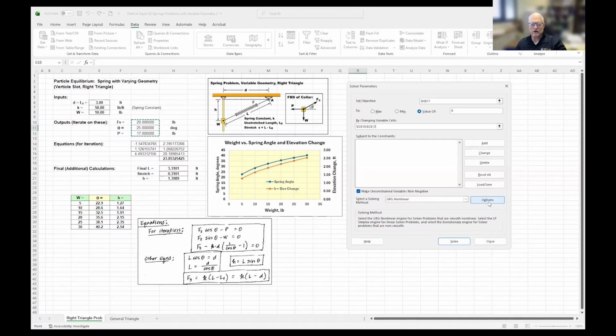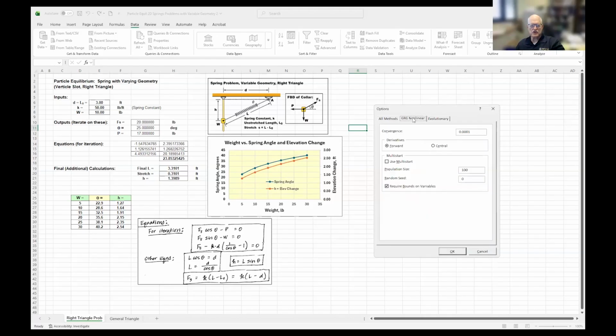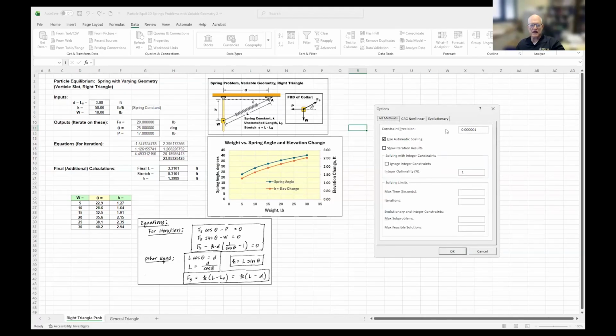If you go under Options, you can give the precision that you want. I've made this pretty small, like 1 times 10 to the minus 5 or something like that. You could also change the method, but that's the tolerance we're using, which is a pretty tight tolerance actually.